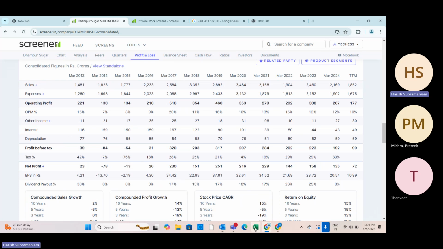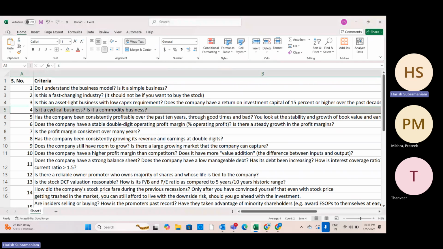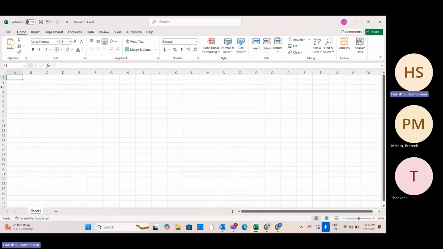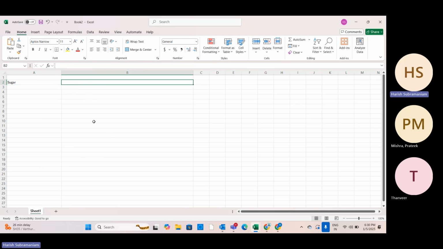So let's just take a simple example, a hypothetical sugar business, right? In sugar, it's very easy to manufacture sugar. It's not that complicated. So let's say sugar price is very, very high. Then a lot of new players will find, okay, now sugar price is very, very high, let me enter into the sugar business, and then I will also start selling sugar and making a profit.